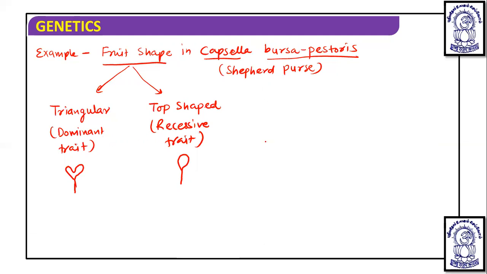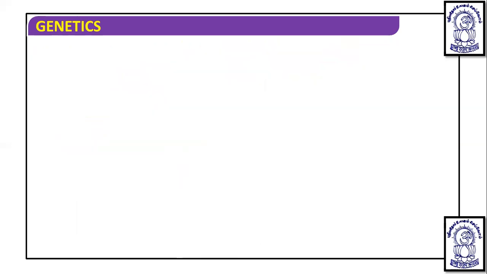If we take the particular genes A and B, if all are dominant, then the fruit shape will be triangular. If any one of the two genes is dominant, then also triangular. Only when both are recessive will the top shape be obtained.